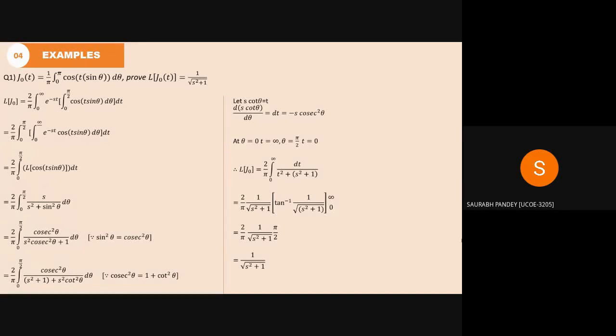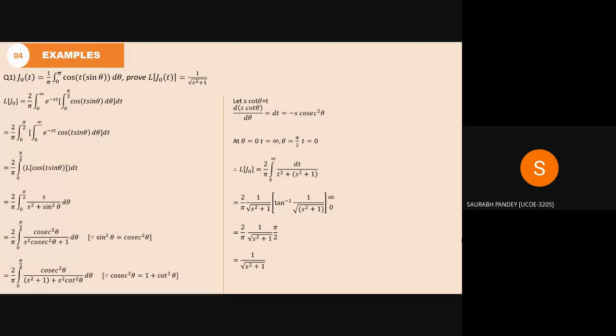So putting the value, we get the derivative of s cot theta, dt equals minus s cosec square theta d theta. When theta is 0, t is equal to infinity, and when theta is pi by 2, t is equal to 0.